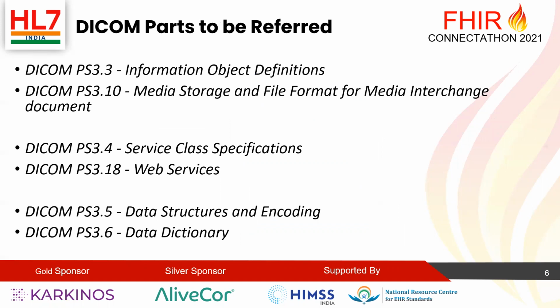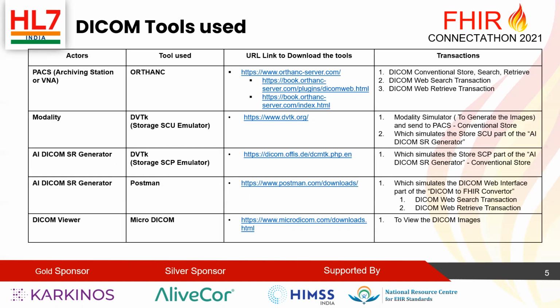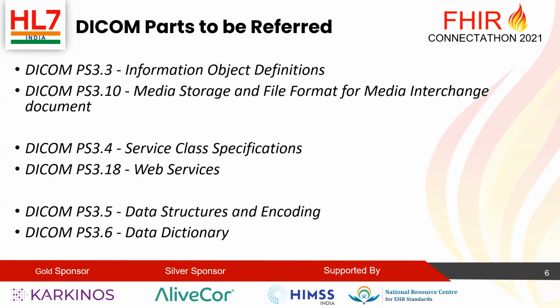Now, all these transactions we saw in the previous slide have been defined in the DICOM standard, in the DICOM document called DICOM parts. For all these things, you need to have these 6 DICOM parts handy.